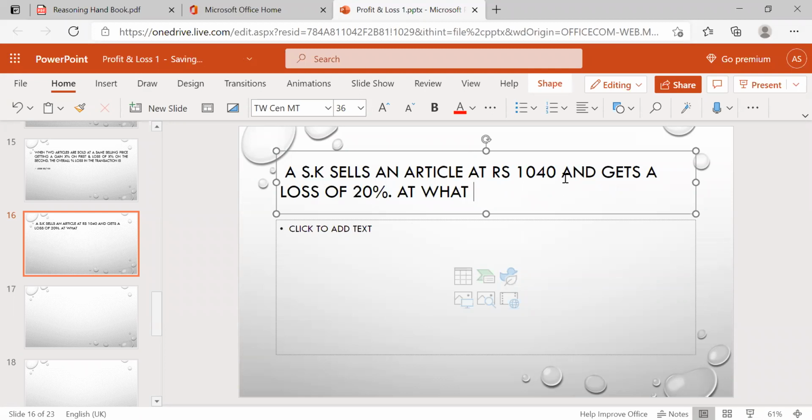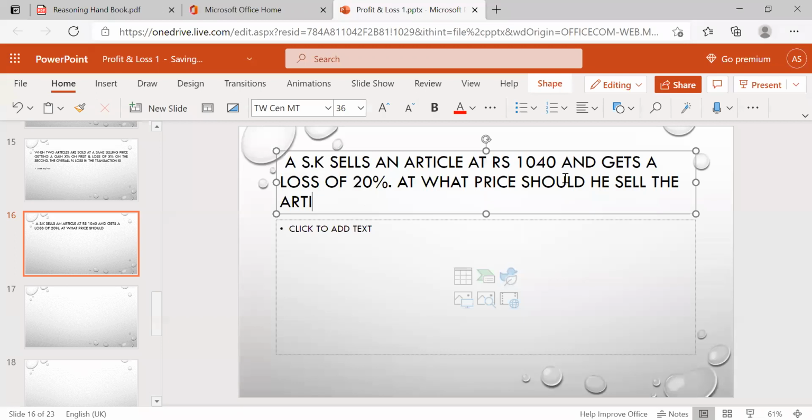At what price should he sell the article to get a profit of 20%?